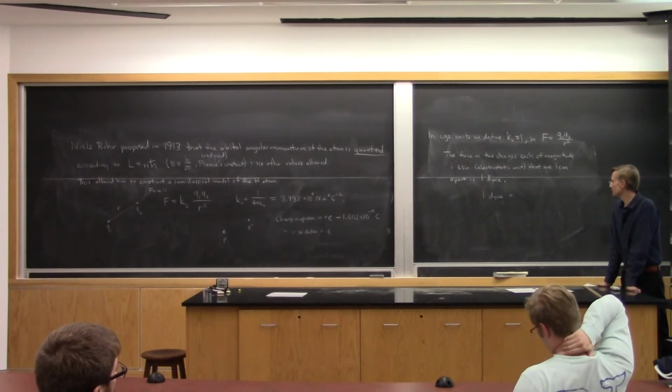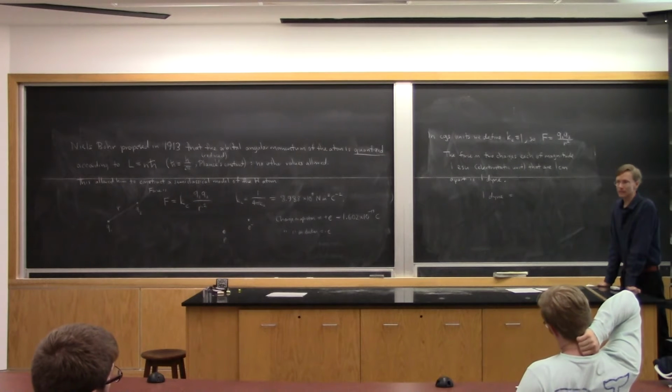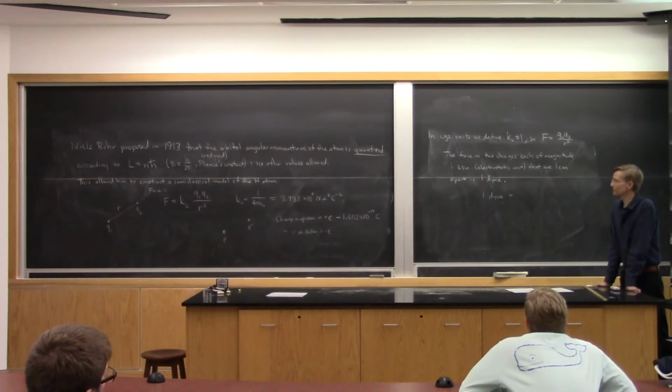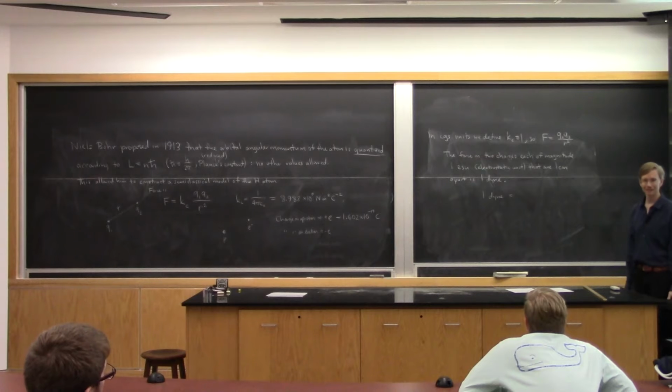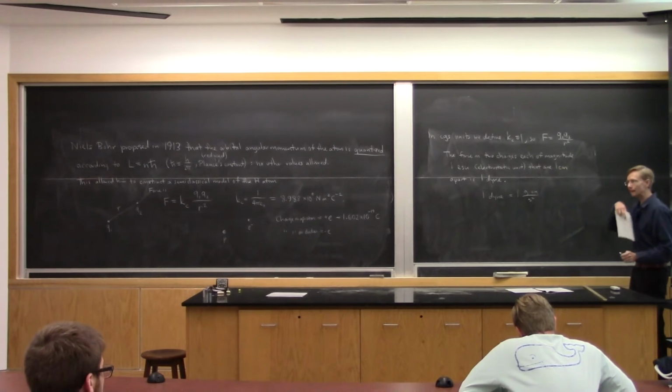So in CGS units, we do the same thing for the dyne. Instead of a kilogram meter per second squared, it's going to be CGS, centimeters grams seconds. So it's going to be grams centimeters per second squared. Yep, a dyne is 1 gram centimeter per second squared.